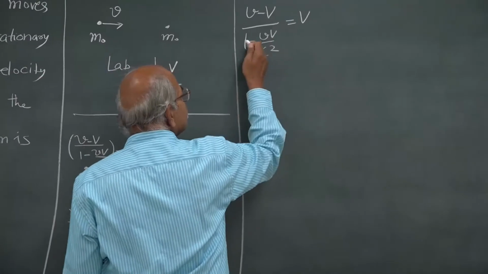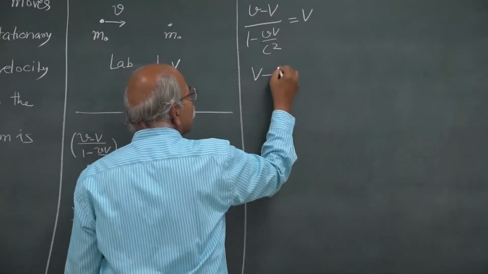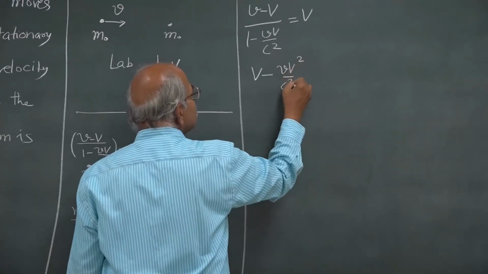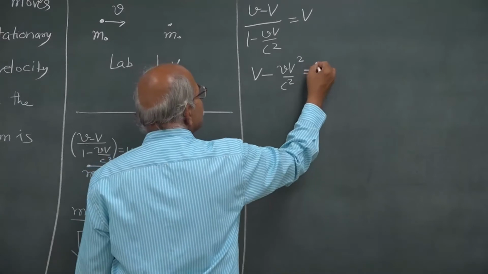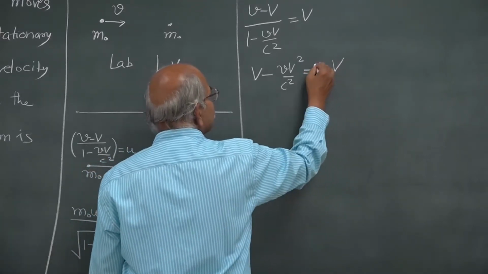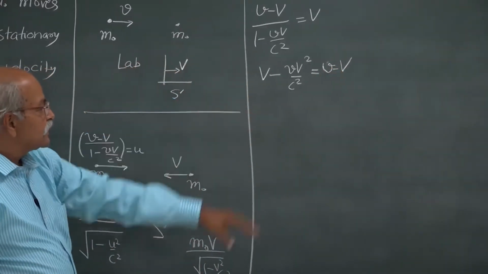It is v minus small v capital V square by c square is equal to v minus capital V. So, let us take everything to the right hand side.